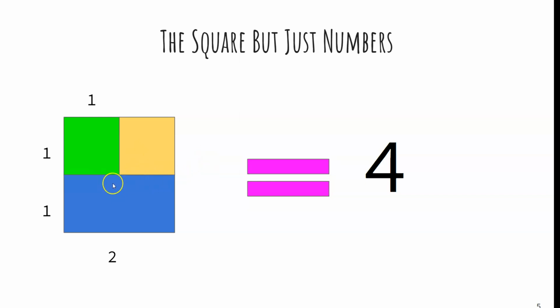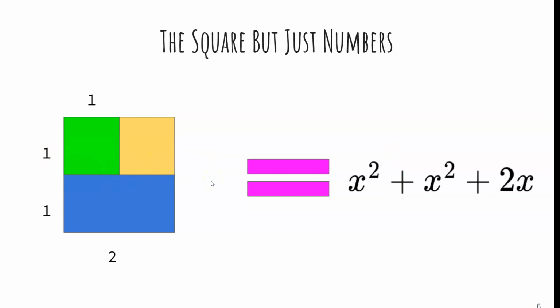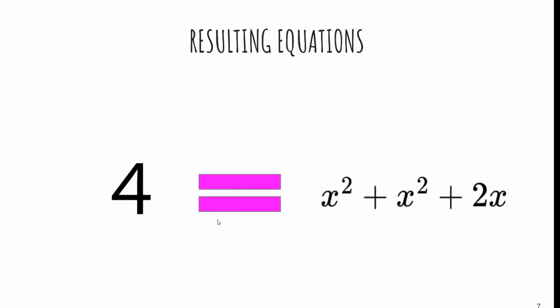And if we make x equal to 1, then this square can also be described as x squared plus x squared plus 2x. And if that describes the area, then we can make an equation that says 4 equals x squared plus 2x.